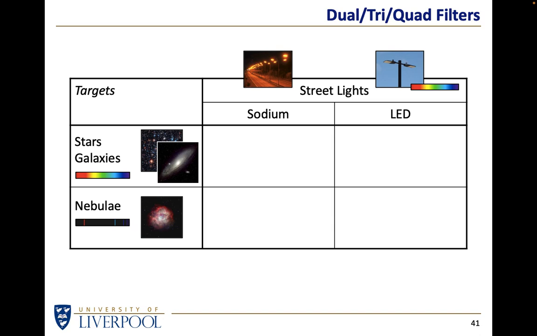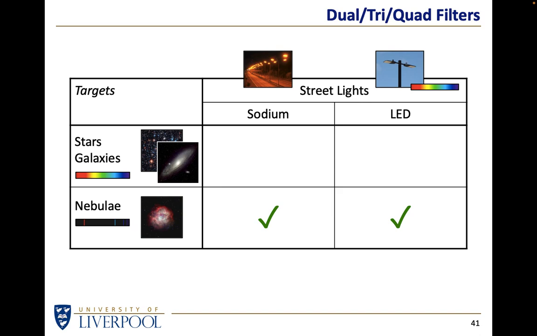And if we think about dual band or tri-band or quad band, you can bunch them all together because they're all doing the same thing. They're trying to let through only the colors that are coming from nebulae. They are restricting the amount of light that's transmitted only to the interesting bits that nebulae emit, the red and the cyan. So if you get yourself a dual or tri or quad filter, I bought myself a tri-band filter thinking this is going to be great.